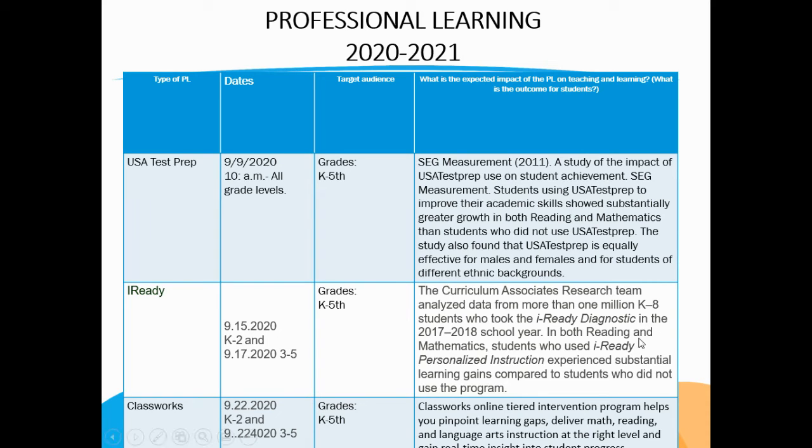And finally, as we look at Classworks, of which our teachers have experienced this PL as well, we find that the research suggests that online tiered intervention programs help you to pinpoint learning gaps, deliver reading, math, and language instruction at the right level, and gain real-time insight into the student's progress.